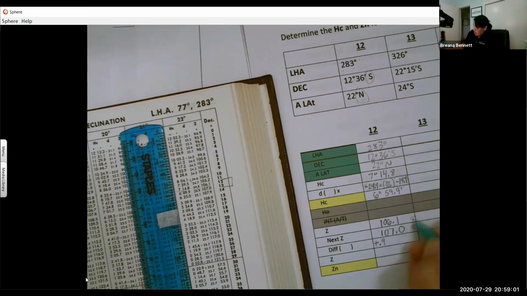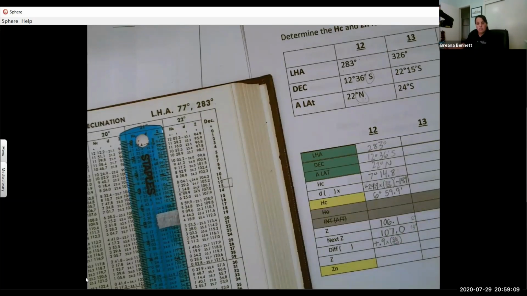And I'm at 12 36. So I'm going to multiply this by 36/60ths. So I'm doing 60%. And I get a correction of plus, because we're increasing, 0.5.